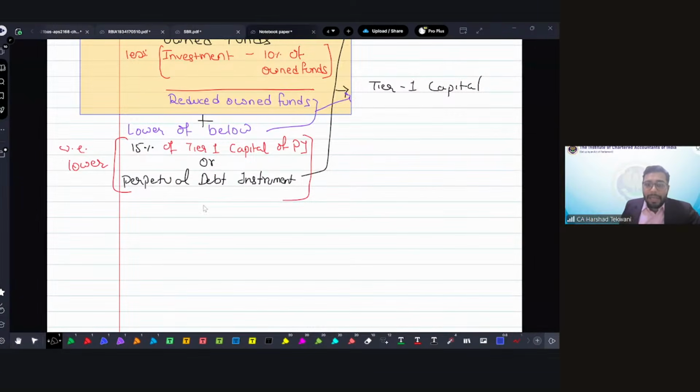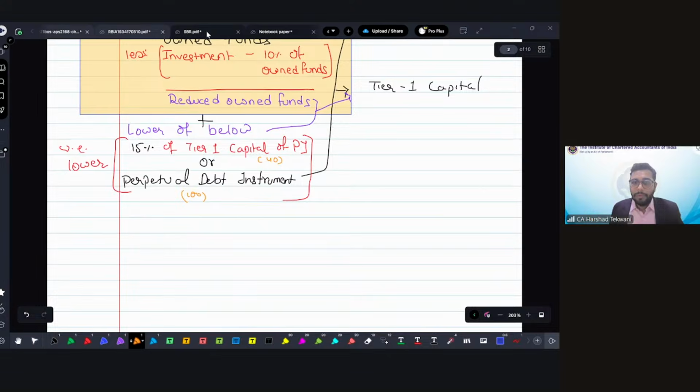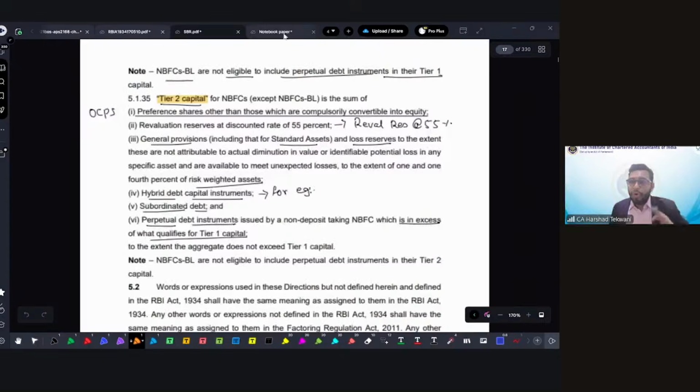Let's say, for example, perpetual debt was 100, and 15% of previous year tier 1 capital was, let's say, 40. So the amount that will be allowed is the lower of both, 100 or 40. So I allowed only 40 out of 100. The remaining 60 will go to my tier 2 capital. Okay.